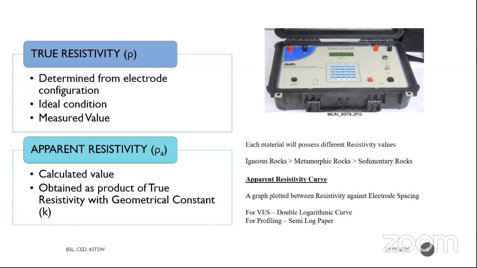It will find the R value, that is the resistivity value. These values will be stored in the system, meaning the software installed within the machine. You take a pen drive, copy the data, and import it into our software. As simple as that.